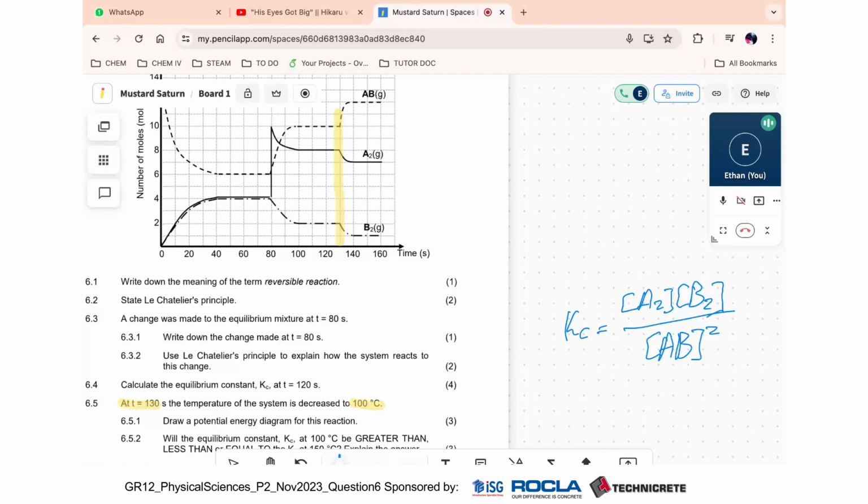So the top is decreasing. This is becoming smaller on top, and the bottom is becoming bigger. So overall, Kc will decrease. Okay. So you don't actually have to calculate it out.